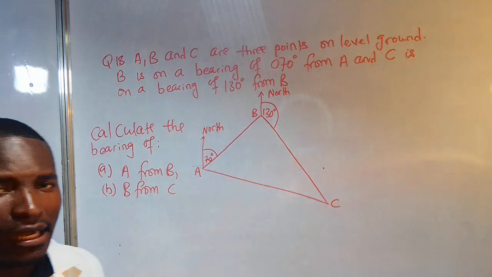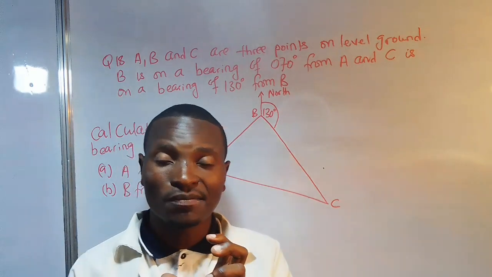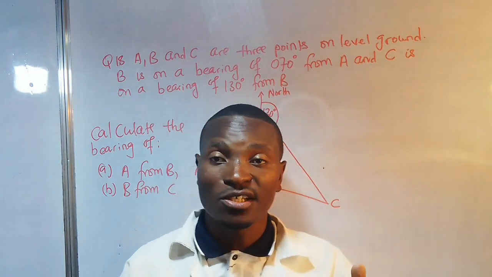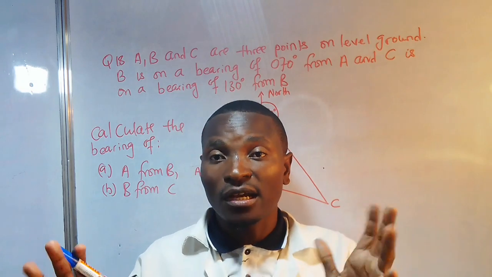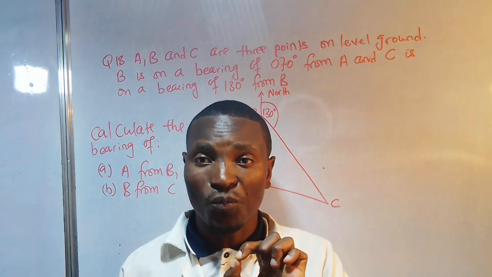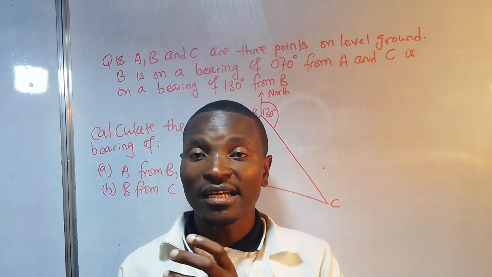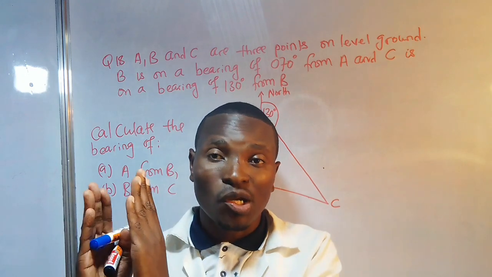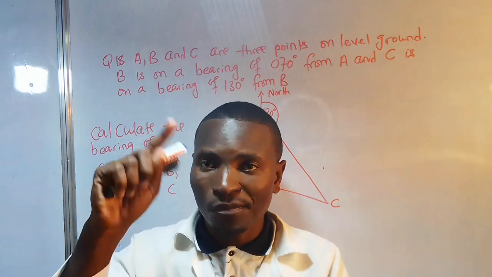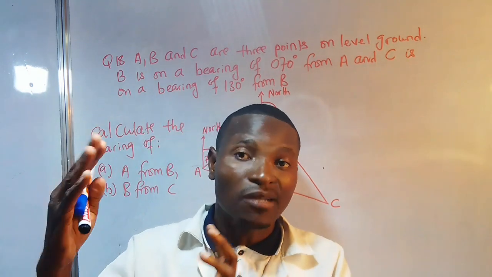One of the key fundamentals when it comes to bearings is to understand this one key word, which is "from". The moment you understand that, you make an angle from that point, from the north of that point.